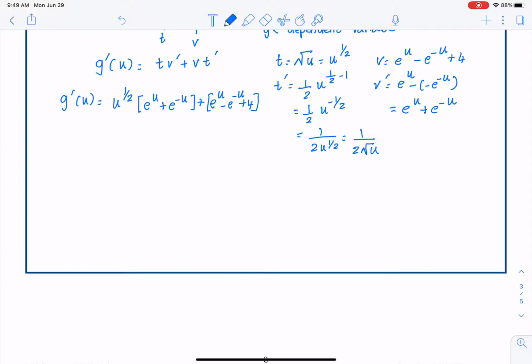And t prime is 1 over 2 root u. So the answer would simply be square root of u times e raised to u plus e raised to negative u, plus e raised to u minus e raised to negative u plus 4, divided by 2 square root of u.